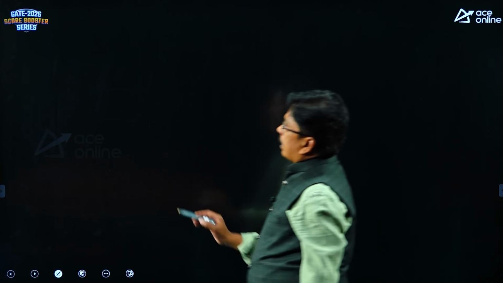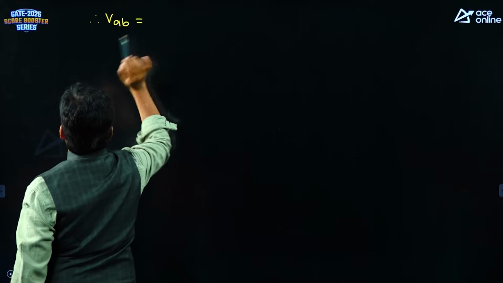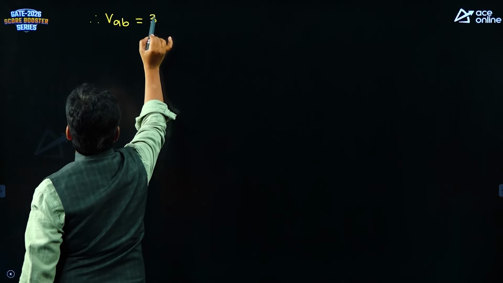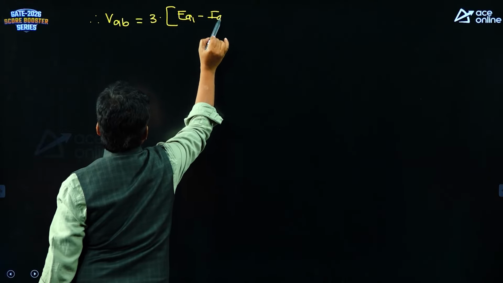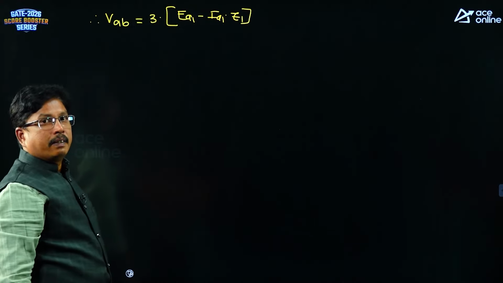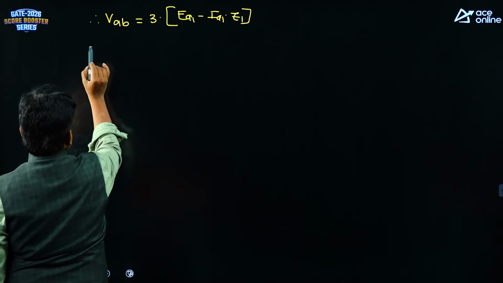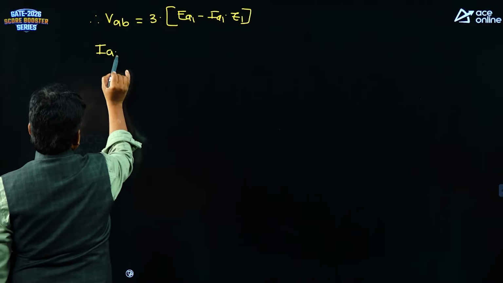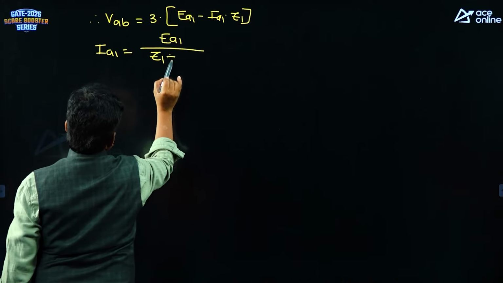Now, VAB is equivalent to 3 times VA1, which is nothing but EA1 minus IA1 into Z1. Calculate IA1 first of all, where IA1 is equivalent to EA1 divided by Z1 plus Z2.